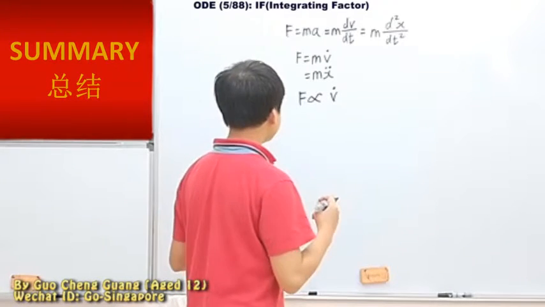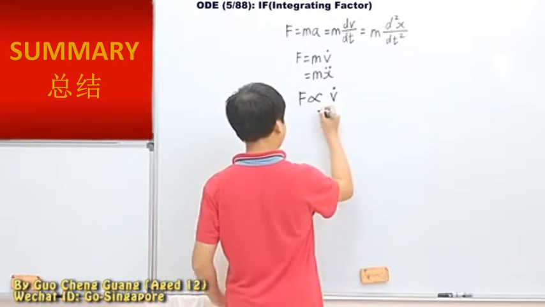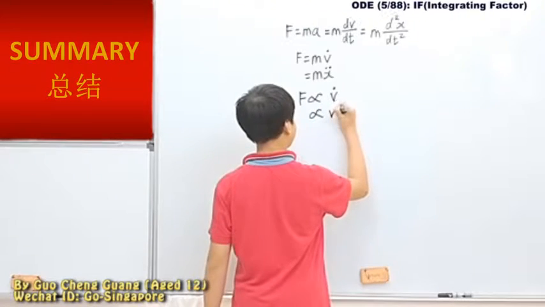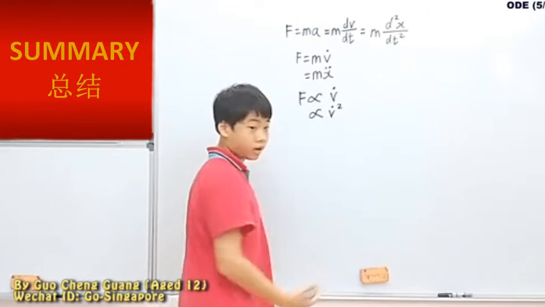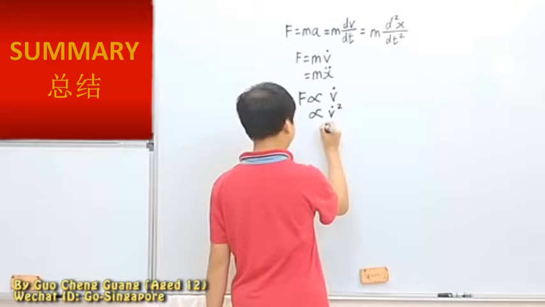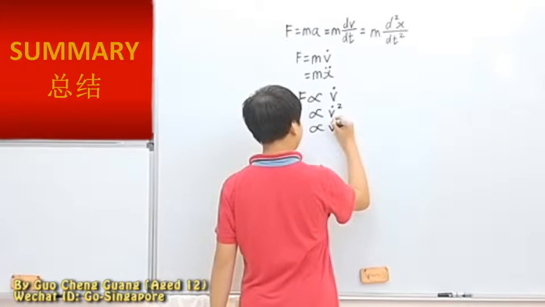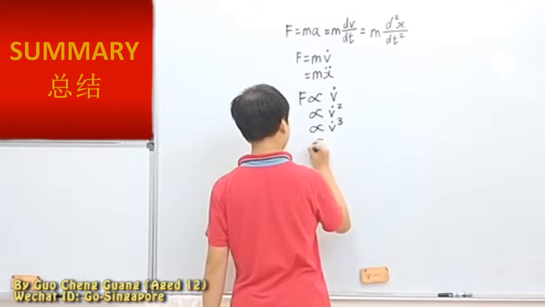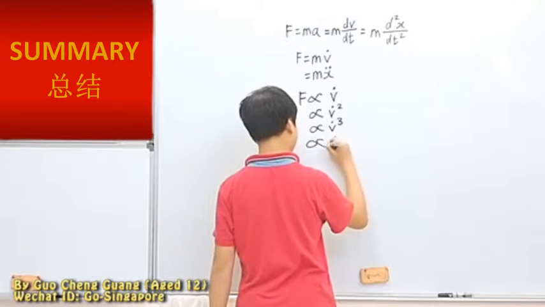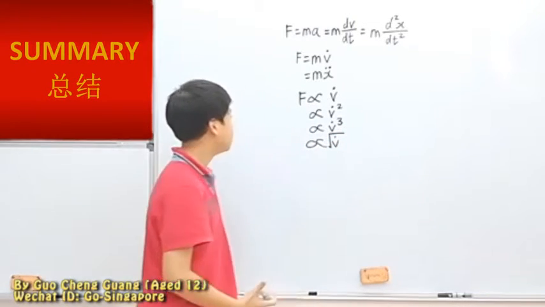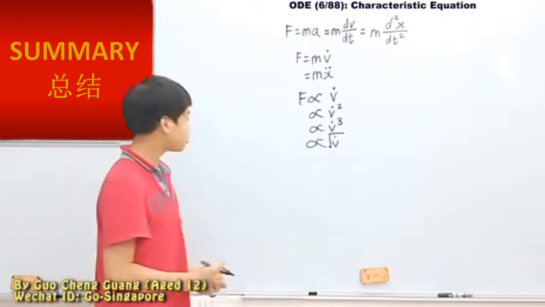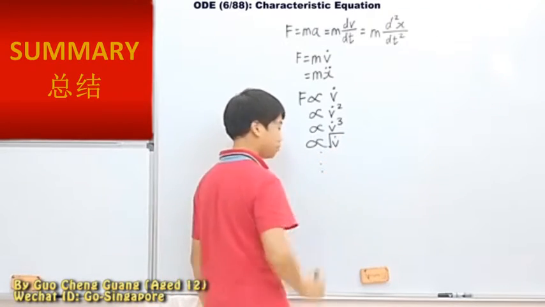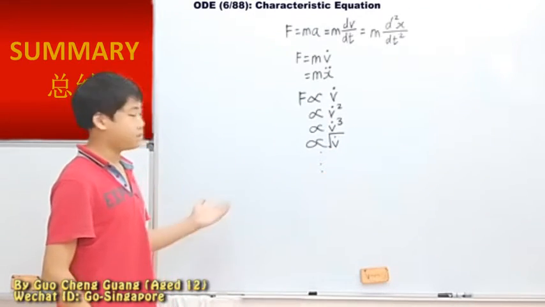But what if there is this square, or this cube, or even square roots, cubic roots, all those different types, and so on. There are many different types that you can write.